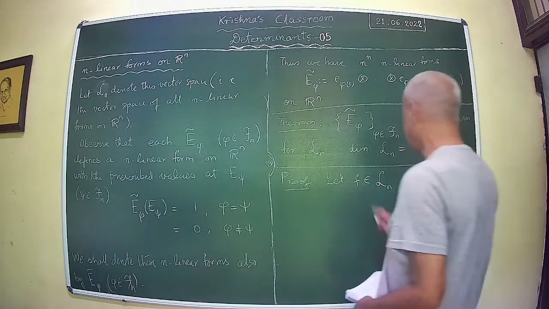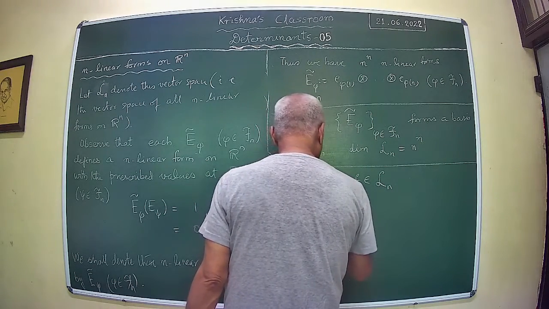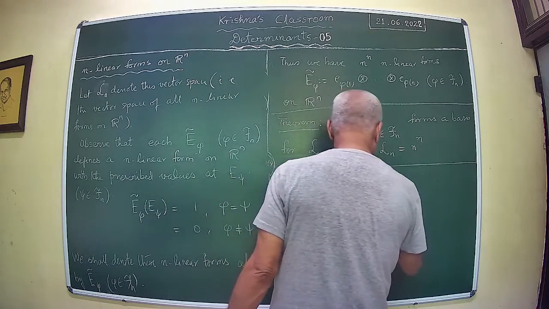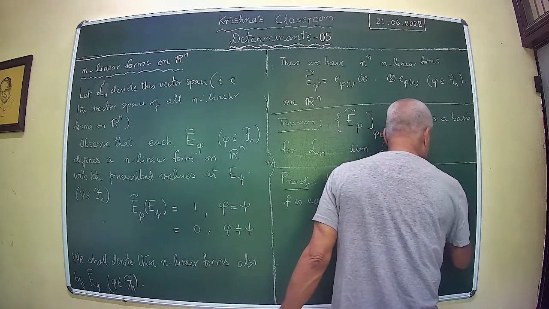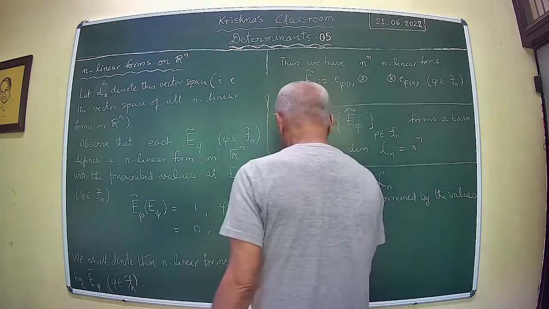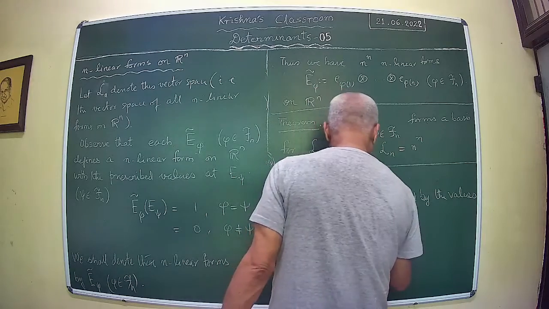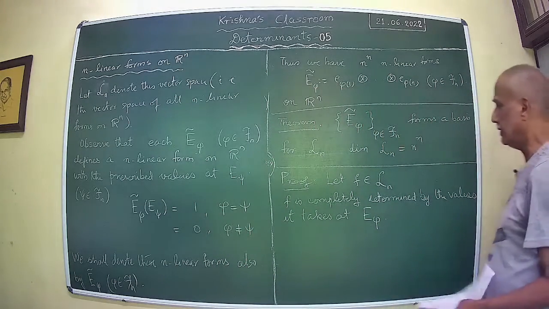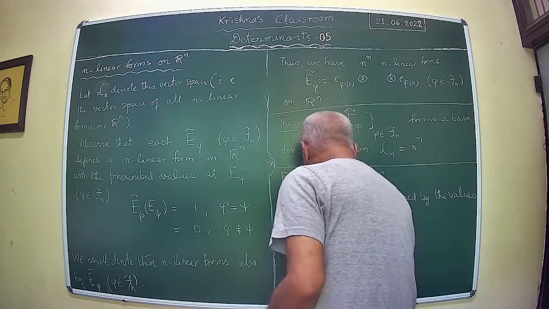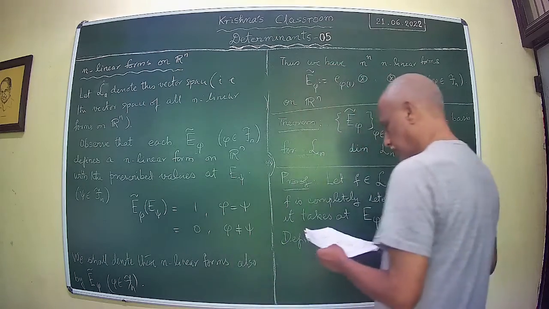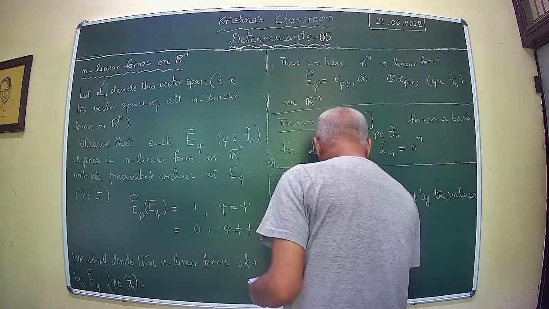So you see that f is completely determined by the values, this we know. So let us define f prime to be equal to summation over phi.